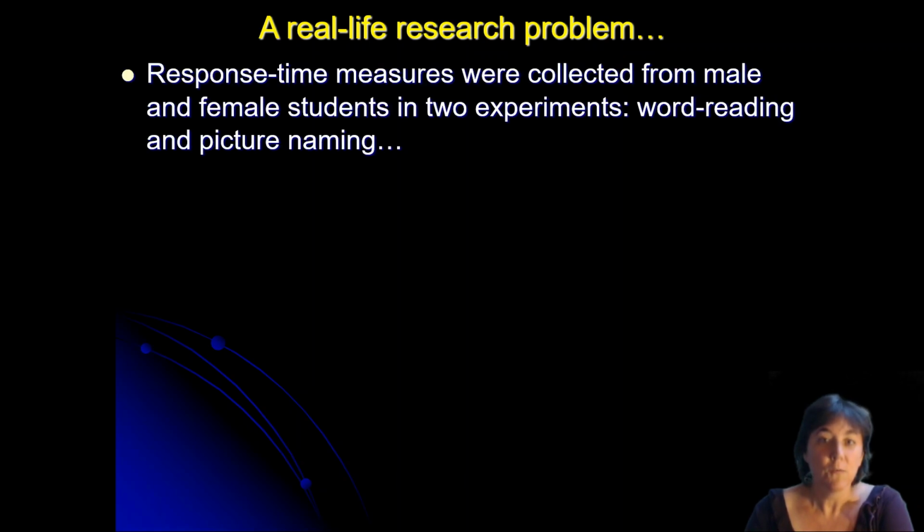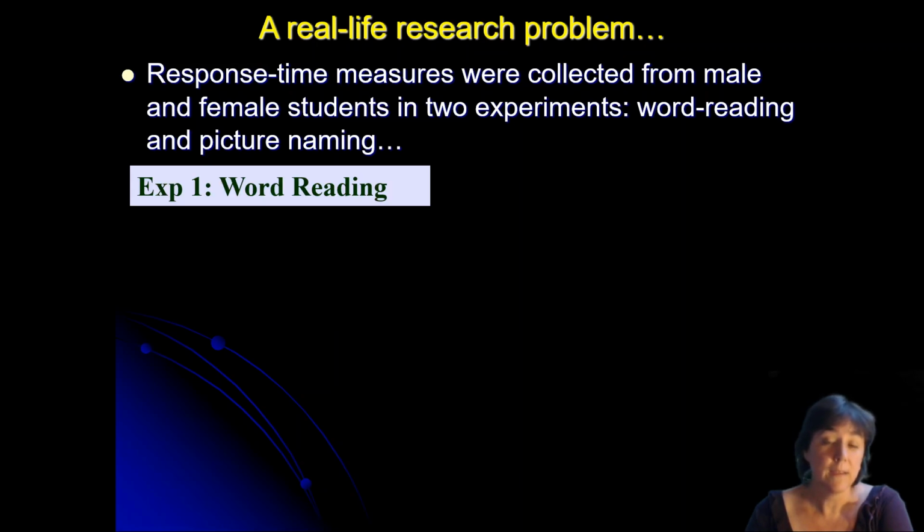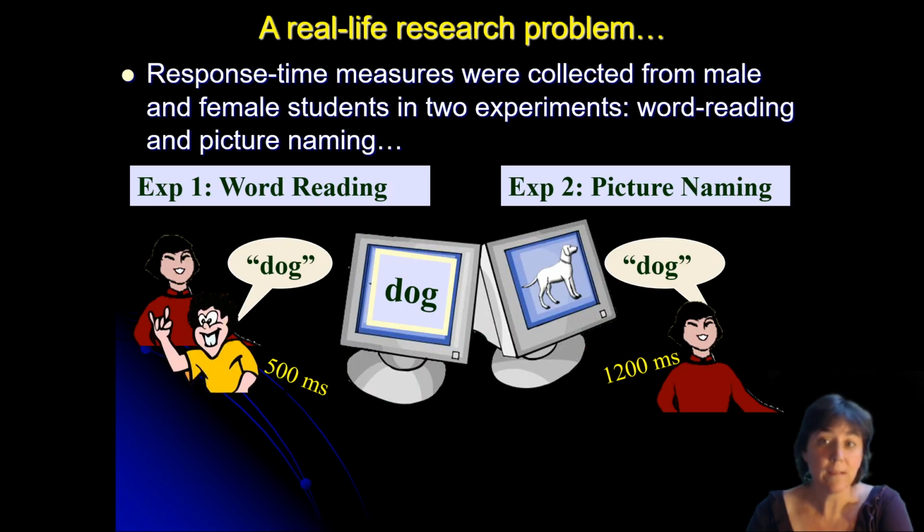And I will start with a real life research problem that I myself had when conducting reaction time studies. Response time measures were collected from male and female students in two experiments, word reading and picture naming. In these two experiments, as you can see, the setup is very similar.